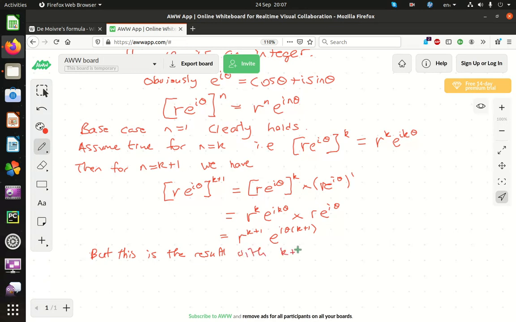Sorry for my handwriting. Hence, true for n equals k and thereby implies true for n equals k plus 1.